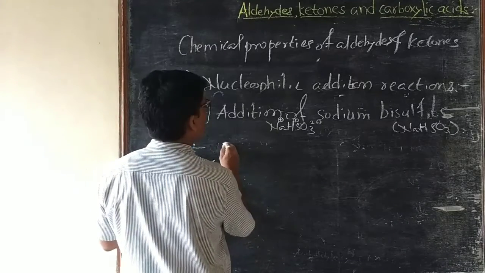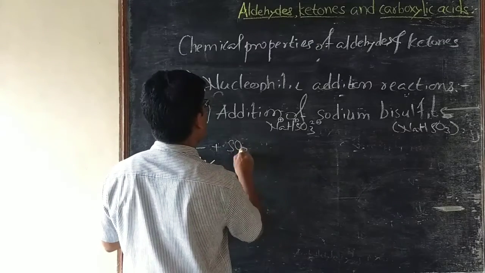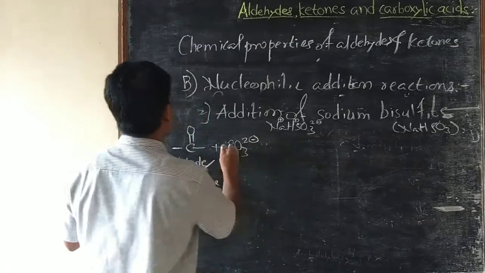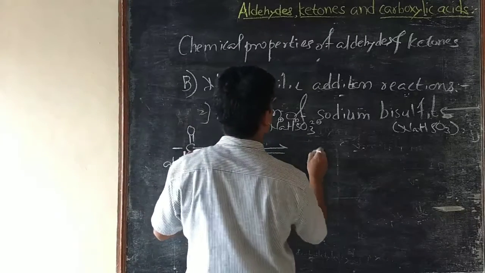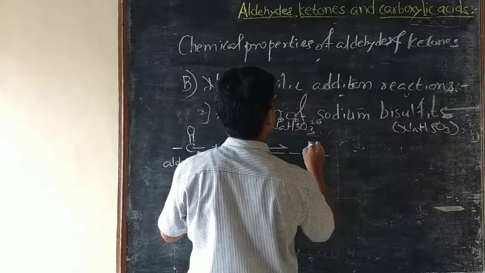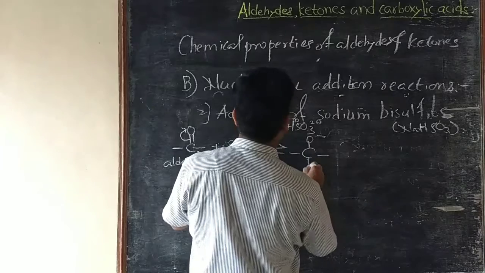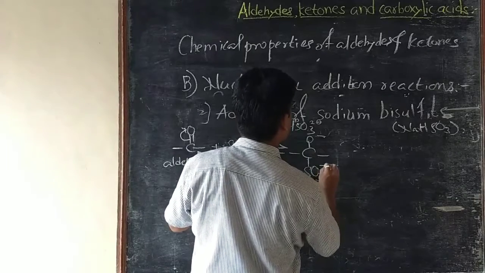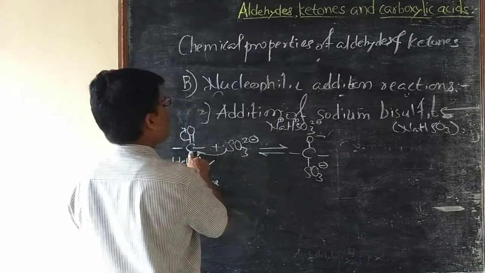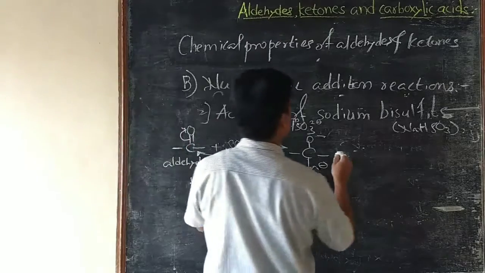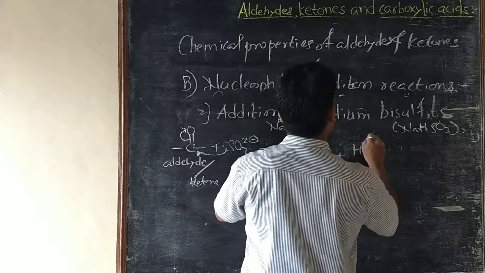Here the first reaction is reversible. That is, first this SO3 minus attacks the carbonyl carbon to form this adduct, with O minus and SO3 minus. This 1 minus and this positive compensate each other, plus this H plus.